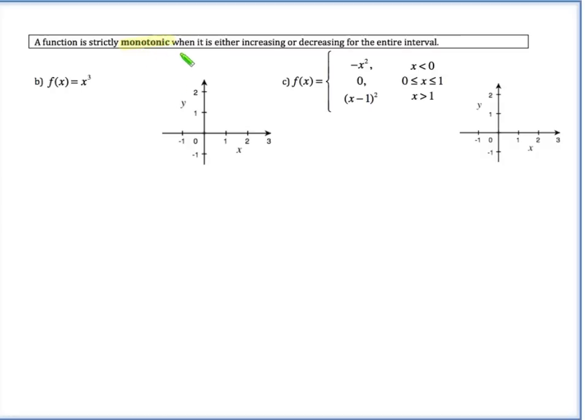Monotonic means that it's either increasing or decreasing over the entire interval. So something like x cubed is increasing here. Then as it gets to 0, it kind of slows down, but then it keeps on going here. So you can see it's increasing on this interval and it's increasing on this interval. So this one right here is monotonic.